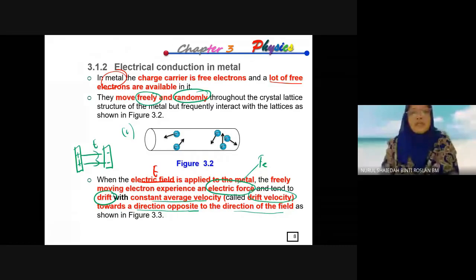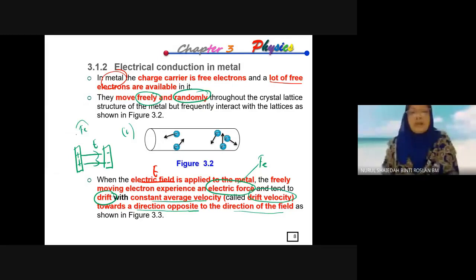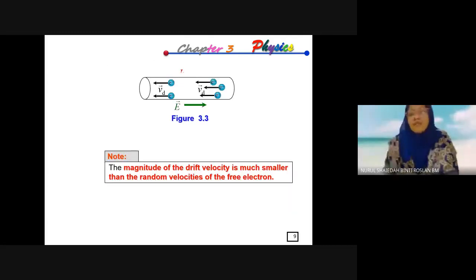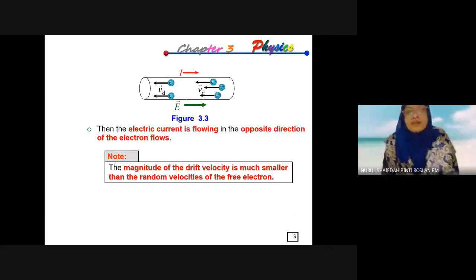So when we have an electric field, an electrostatic force will exist. So when the electrostatic or electric force exists, these electrons will move in the opposite direction of the electric field. Since the electron is negative, it will be attracted to positive. Like this, it will move. So it will drift. This we call drift.